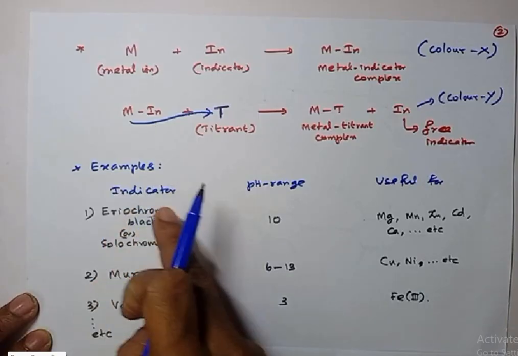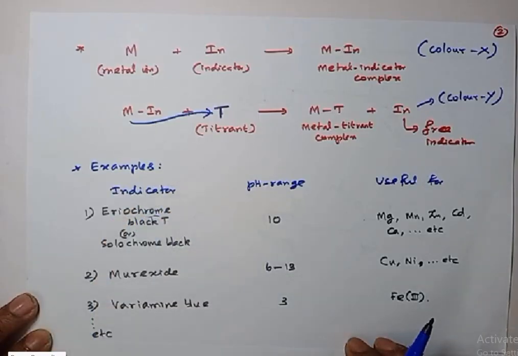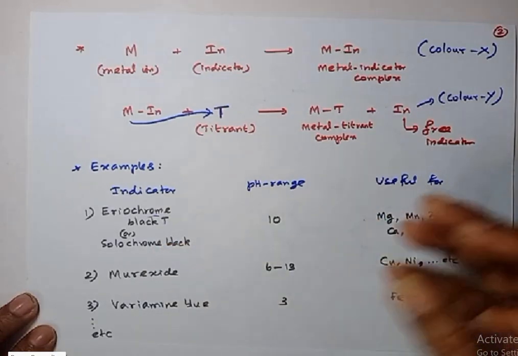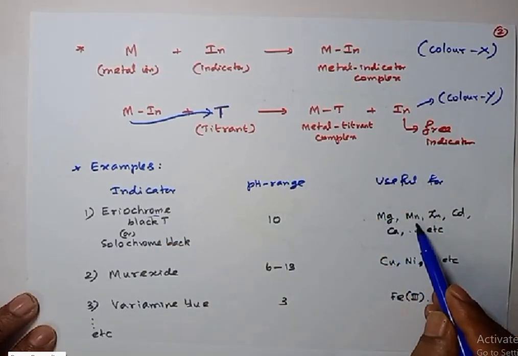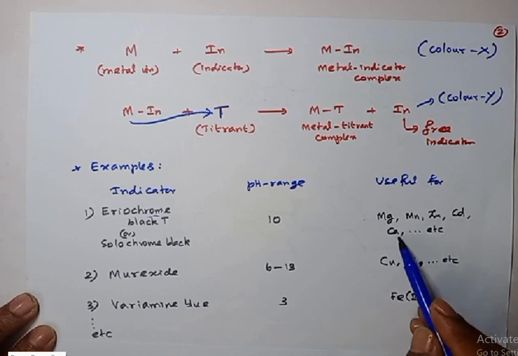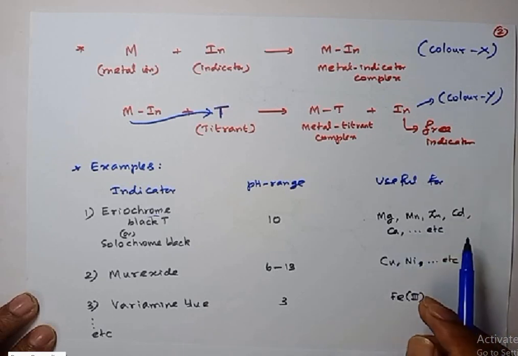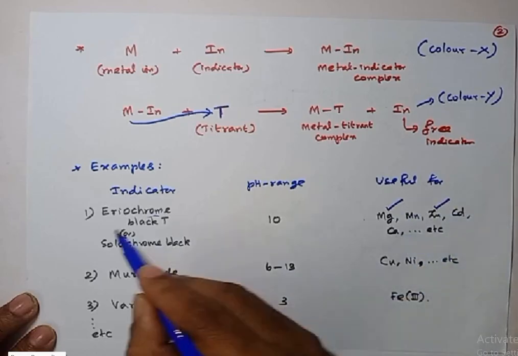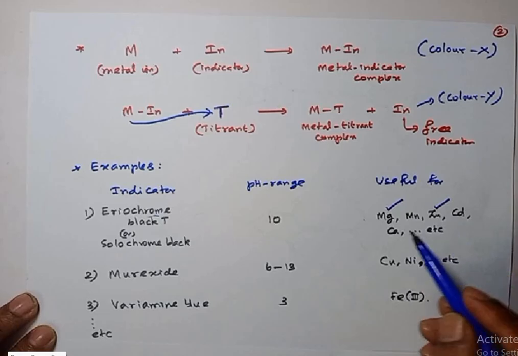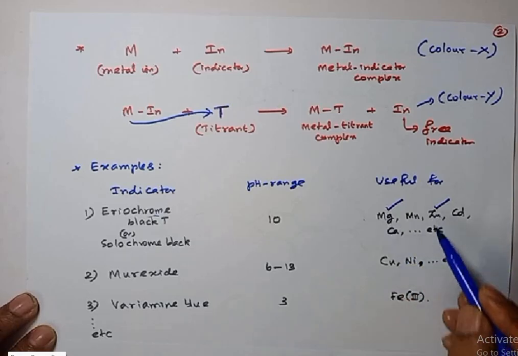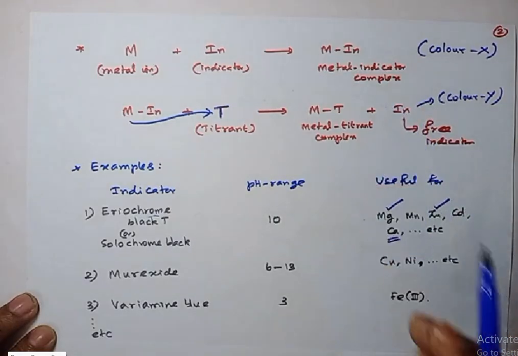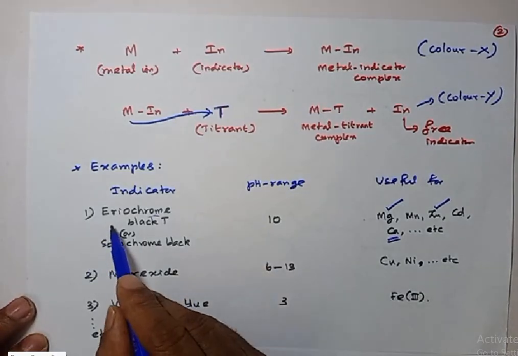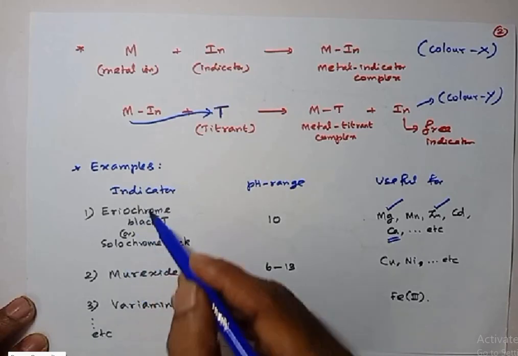And which metal ions can be determined? Magnesium, manganese, zinc, cadmium, calcium, etc. In our laboratory we use eriochrome black T indicator to determine the amount of magnesium, zinc or calcium present in a given solution. So this is one metallochromic indicator.